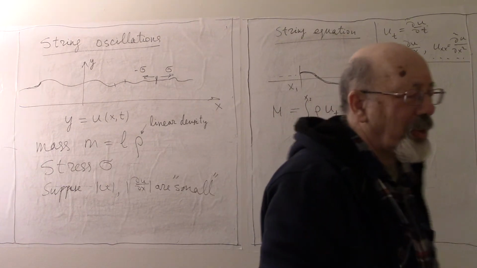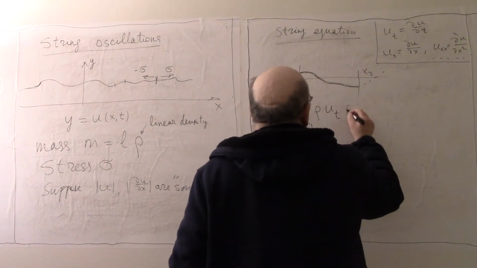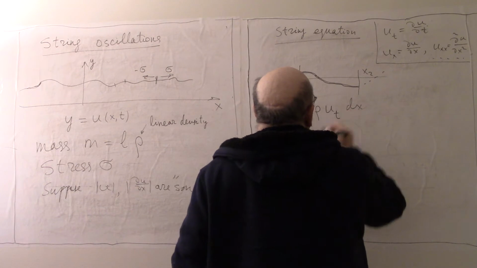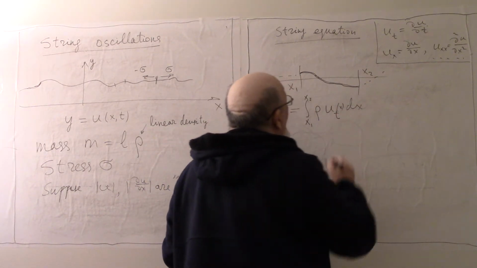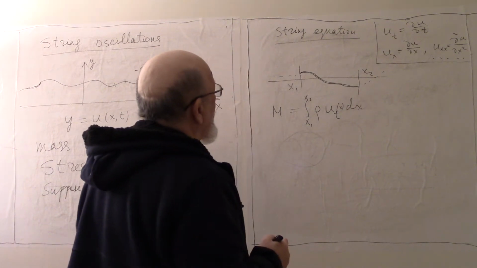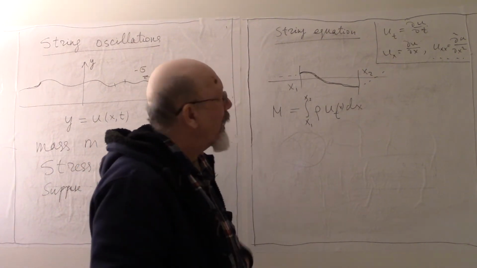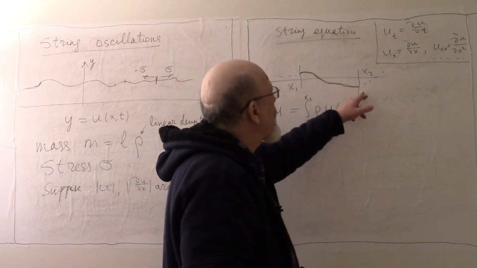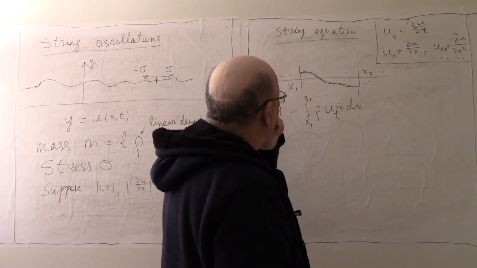These are notations from calculus. So the momentum is the integral of rho u_t dx. It depends on t, and of course depends on these points x1 and x2.